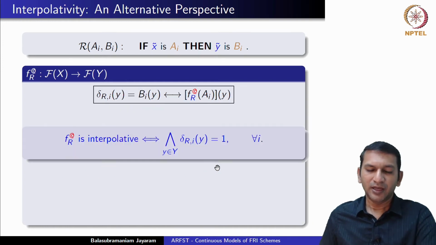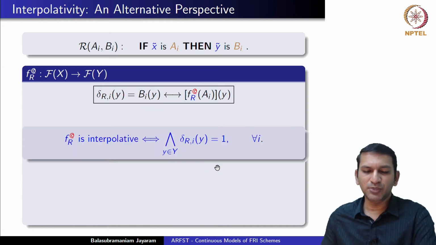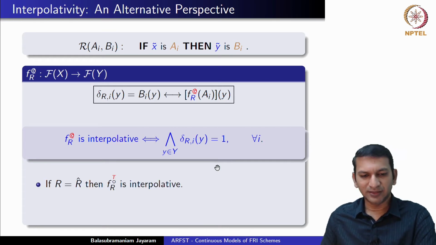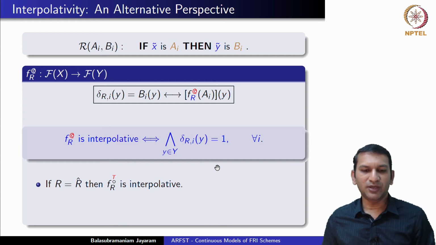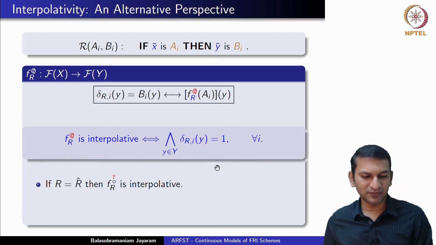Well, now that we have an alternative perspective of interpolativity of an FRI, all we have seen earlier is this, that if R is equal to R cap, then F R circle T, supremum T, which is the adjoint function of a CRI, is interpolative.